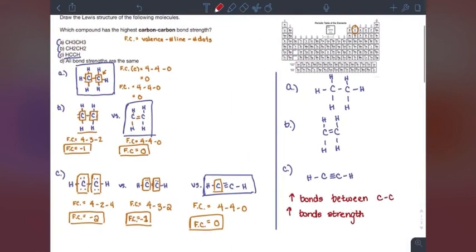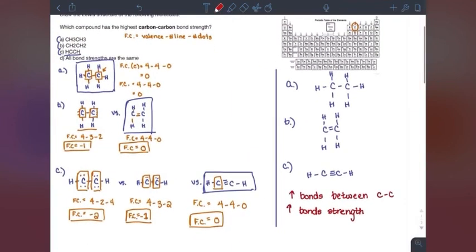So in this case, the highest carbon-carbon bond strength would be C. And that makes sense because it becomes more stable here. And as you can see from the formal charge, the higher the bonds between carbons, the higher the bond strength.